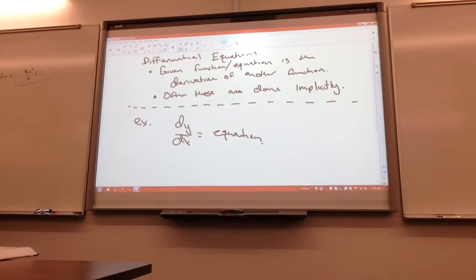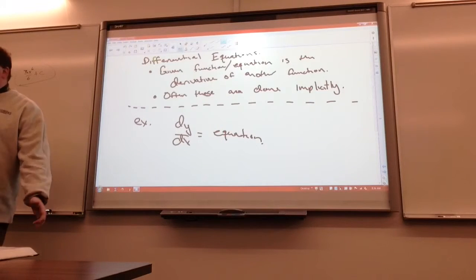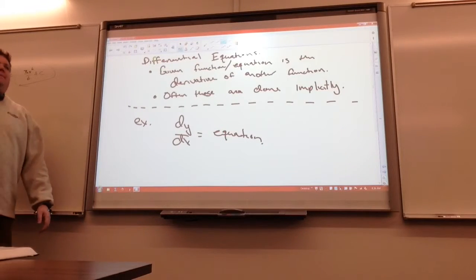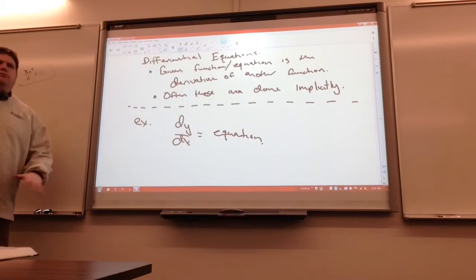The reason why we look at them is they allow us to generalize certain equations, so we can write out what the equation should look like regardless of where it is along a graph, okay? That lets us do other work.